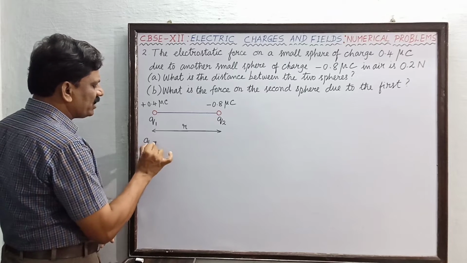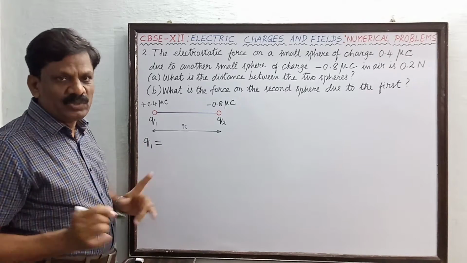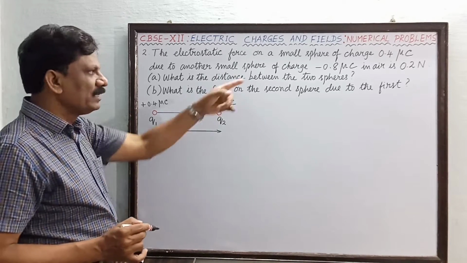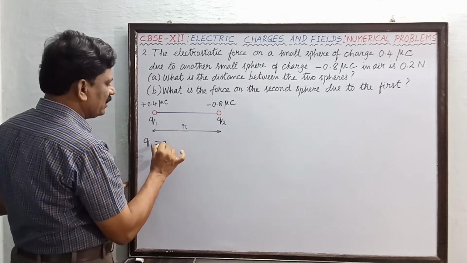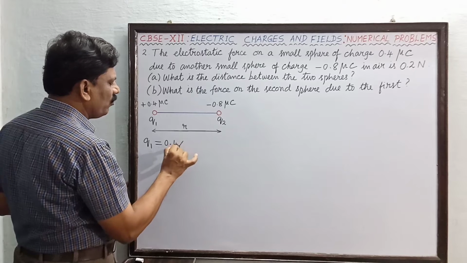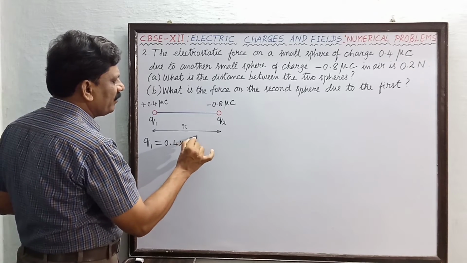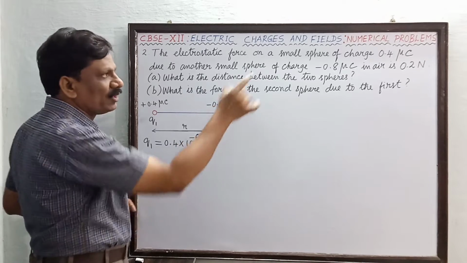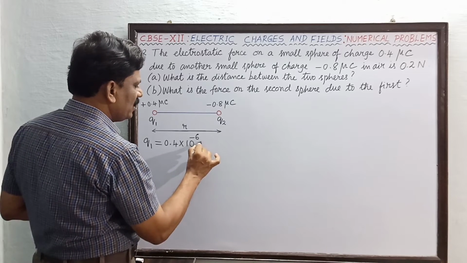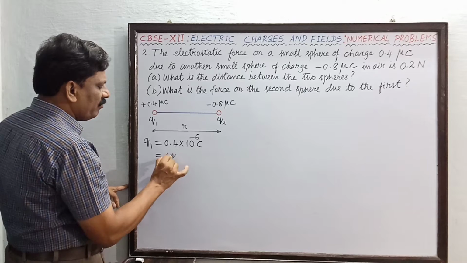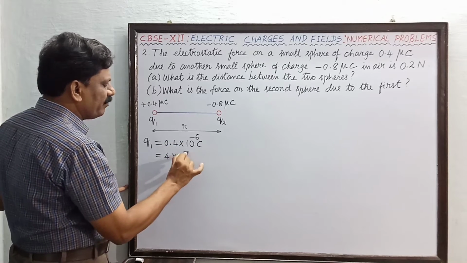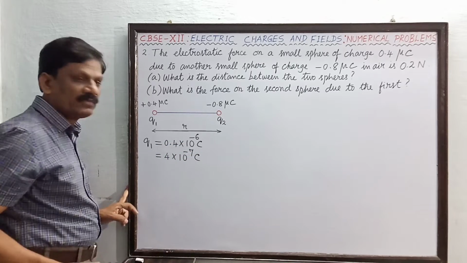So the first charge, its magnitude I am writing, magnitude alone without the positive and negative sign. So the magnitude of the first charge is 0.4 into 10 to the power of minus 6 coulomb. So this also can be written as 4 into 10 to the power of minus 7 coulomb.